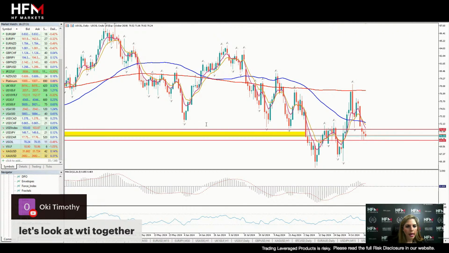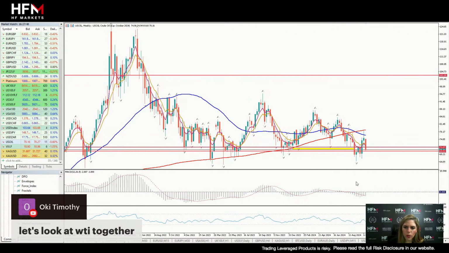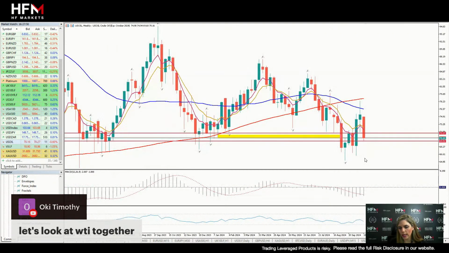Now, what else? Yeah, so a bit steady the last 2, 3 days. Overall, okay, look at this weekly chart. Something for food for thought over the weekend, especially for tomorrow.